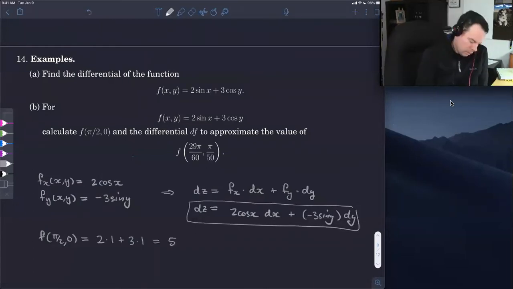And so we have our value of 5. So as a very first step, we would say, oh, f of (29pi/60, pi/50) is approximately 5, because I just took an input that's close by and worked out its value, which was easier. And so f of this other more difficult point to work out is approximately 5.